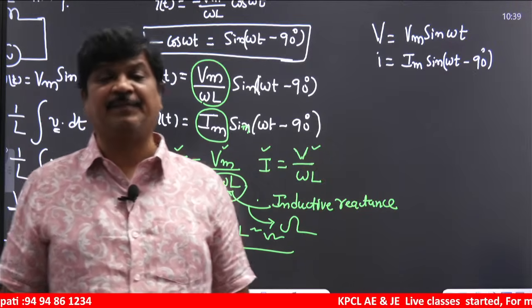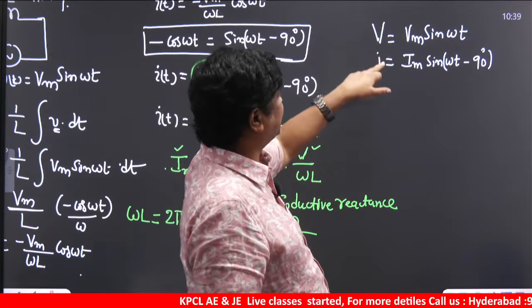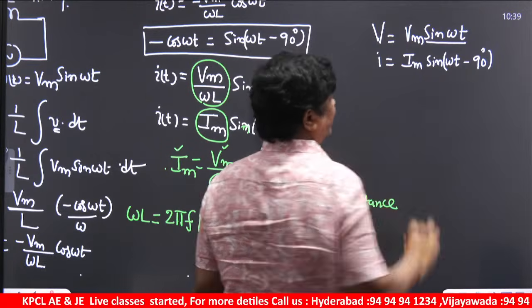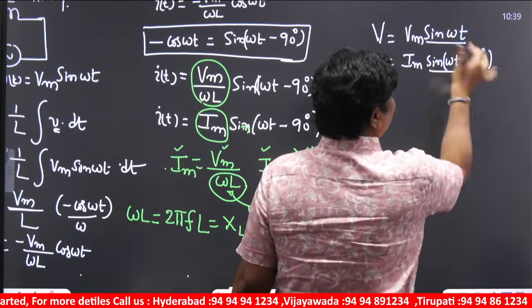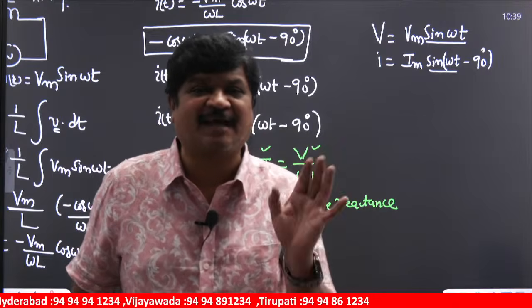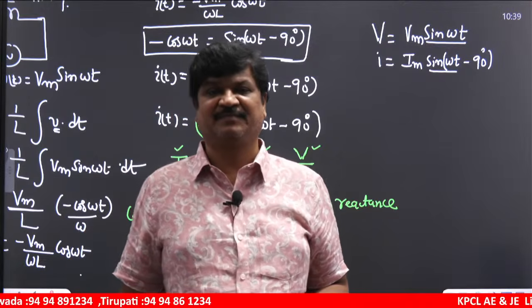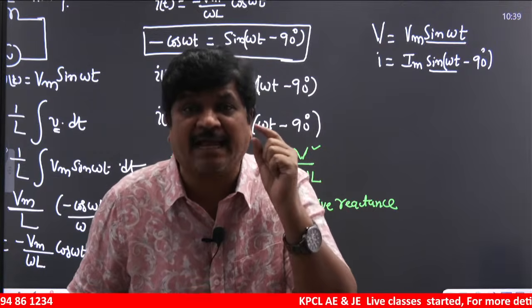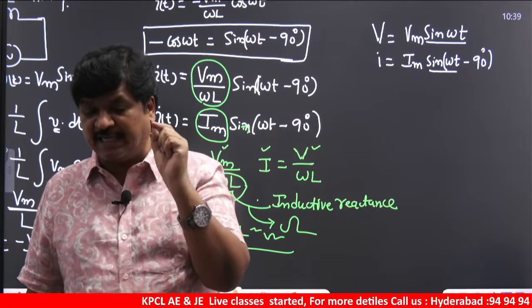What is the angle between voltage and current? Voltage has sin omega t, and current has sin of omega t minus 90 degrees. Here, the voltage and current are not in phase as in a resistance. In this case, the current is lagging by 90 degrees.